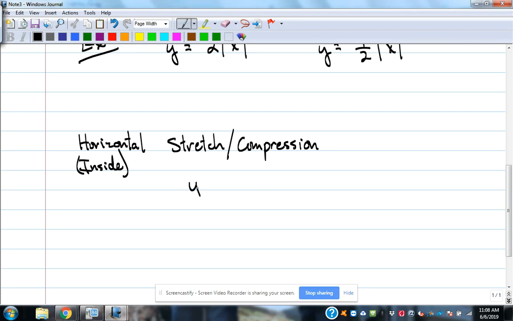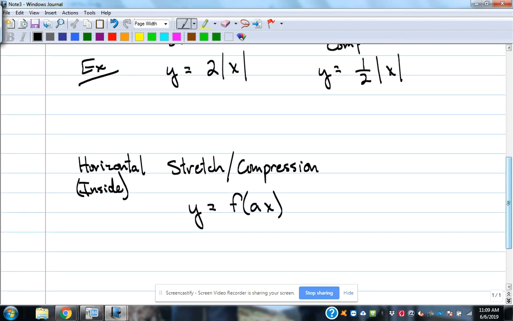What we're going to have is a function, and we're going to multiply by something on the inside of that function. Okay, instead of our examples, instead of the 2 being on the outside, it'll be on the inside of the bars. That's what we're talking about here. If that number that we multiply by is greater than 1, it's a horizontal compression.